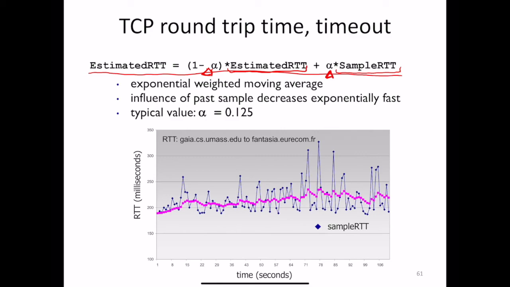In this figure, the x-axis is the timeline along this direction, and the y-axis is the round trip time. For the last sample, we use the blue diamond to represent the sample RTT, and we use the pink square to represent the estimated RTT.